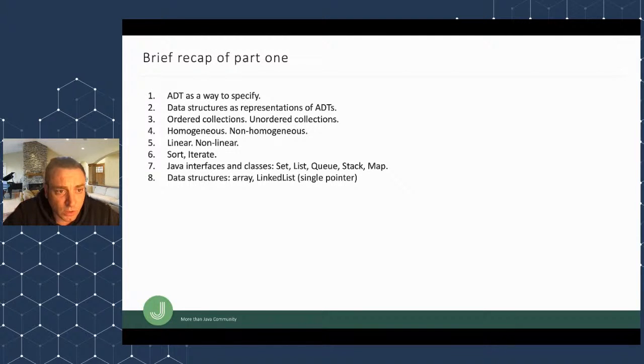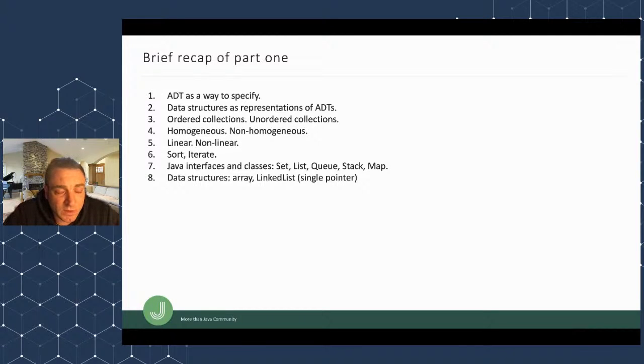We showed how to classify data structures in terms of their structure, actually. So linear data structures and non-linear data structures. If you remember, we saw an example of a search tree.